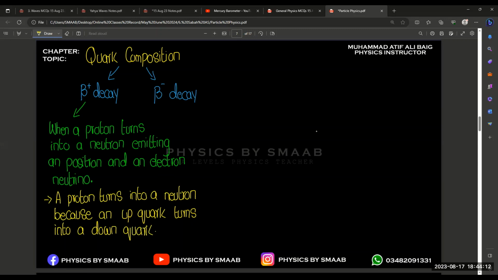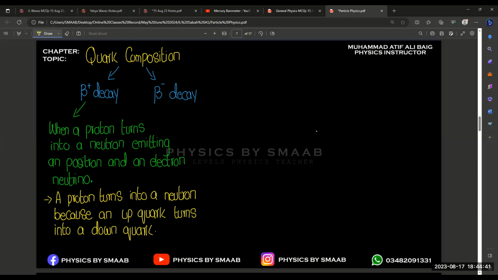Previously, before the concept of particle physics, we were just talking about the experiments and the reactions, but we never discussed the background. So when a proton converts into a neutron, the science behind it is that an up quark turns into a down quark, right?